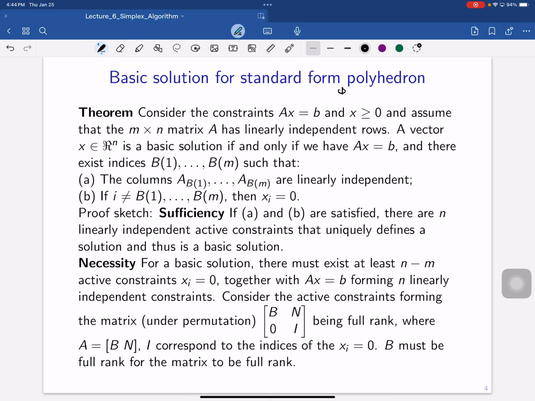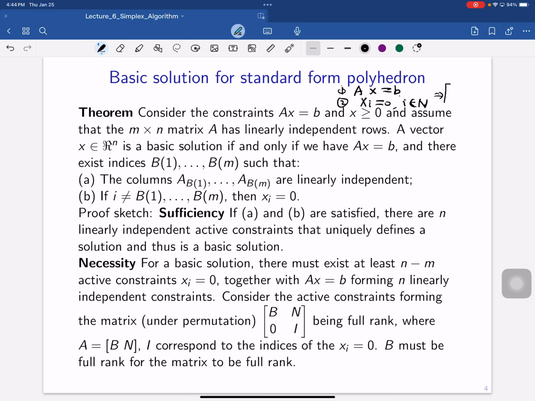So the first part of the constraint is Ax equals b. And the second part of the constraint is xi set to 0 for i in the set N. Those are the so-called non-basic variables, right? And if you look at the two parts of the constraints, they can be written in this form.